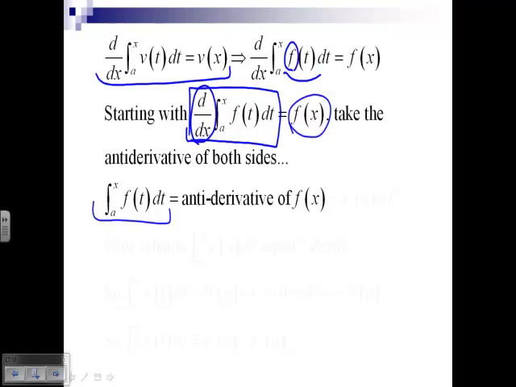Now, we have a standard notation in calculus.